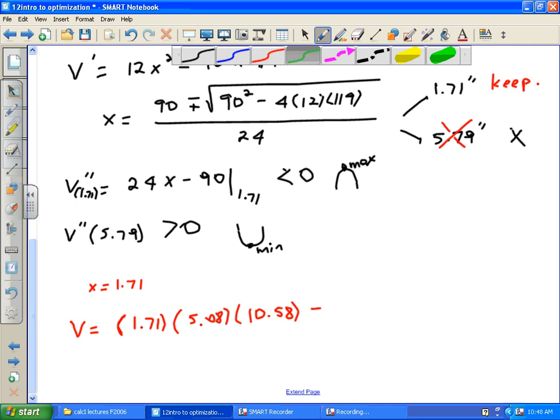Let's see if we did any better than 90 cubic inches. That was the first estimate I had given you. So multiply these 3 numbers together. Did we do any better? What is the product?